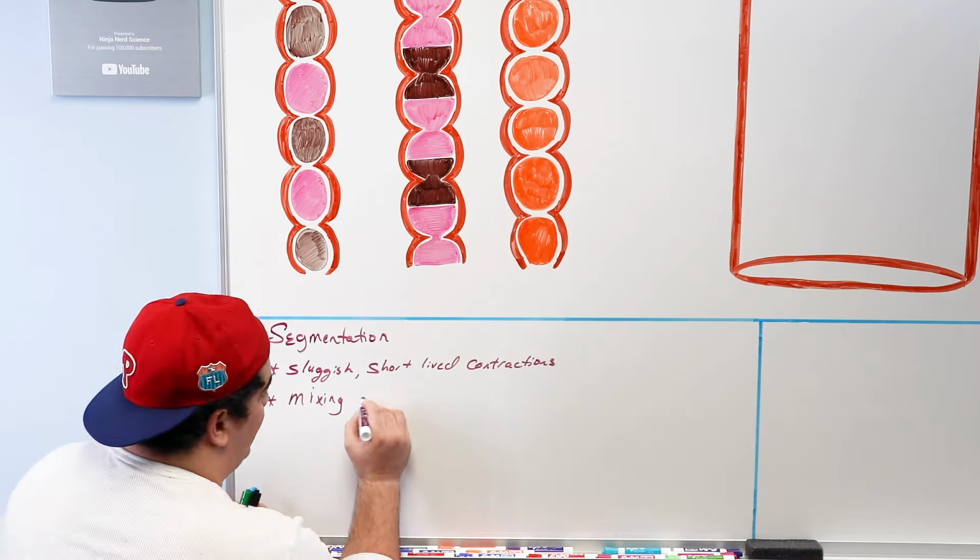Why is that important? What does the bile help with? You remember, it helps with emulsification of fats, to allow for better chemical digestion of fats so that we can absorb fats, cholesterol, and fat-soluble vitamins. So that's a very important one. We also want to mix the chyme with the pancreatic secretions.